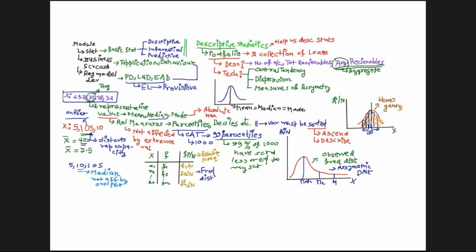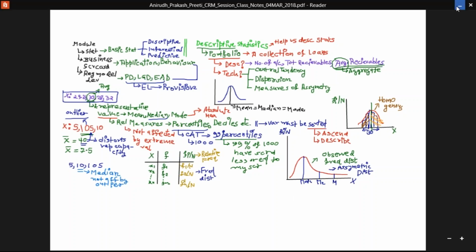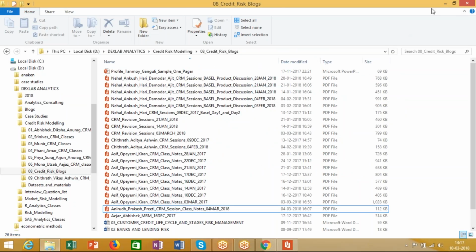And by comparing the basic measures like mean, median, and mode, we can frame an idea about the distribution of a given variable. This is what we had discussed in the last class.